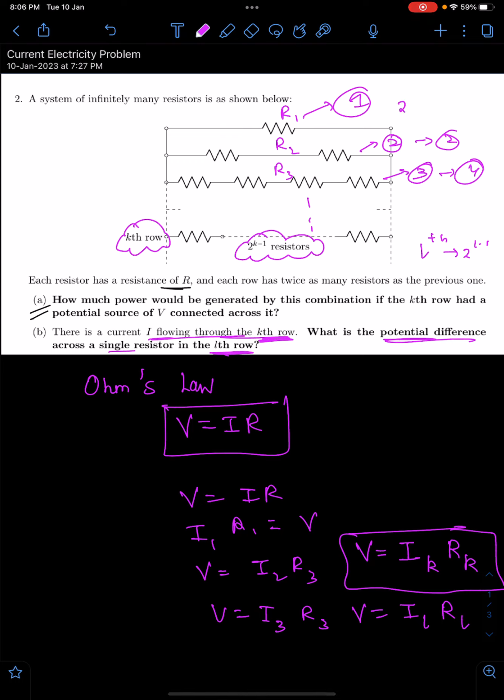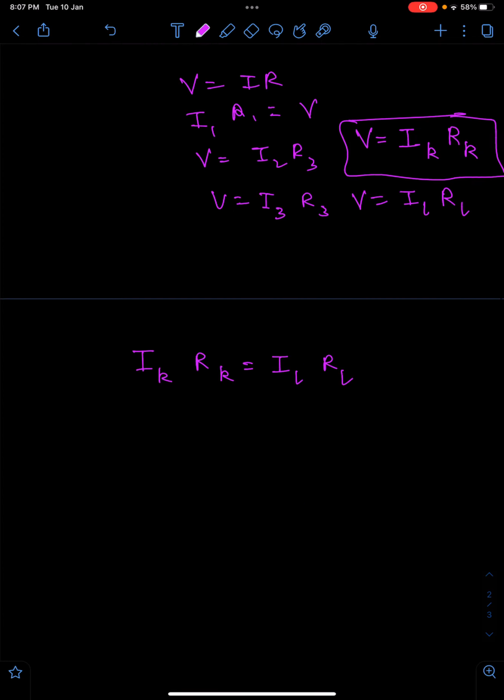So this will be 2 to the power 0, 2 to the power 1, and for the third row, 4 resistors is 2 squared. So for the kth row it will be 2 to the power k minus 1 resistors, and for the lth row it will be 2 to the power l minus 1 resistors.